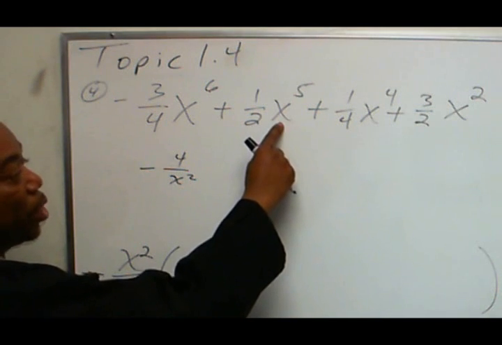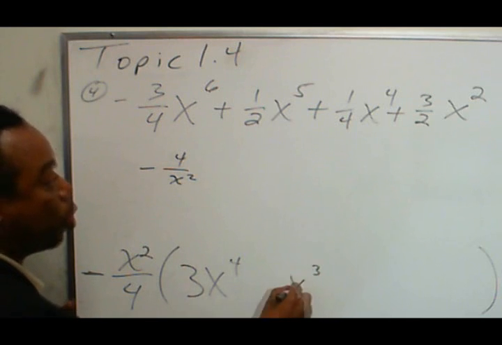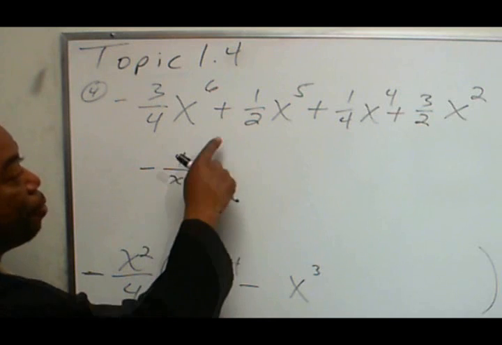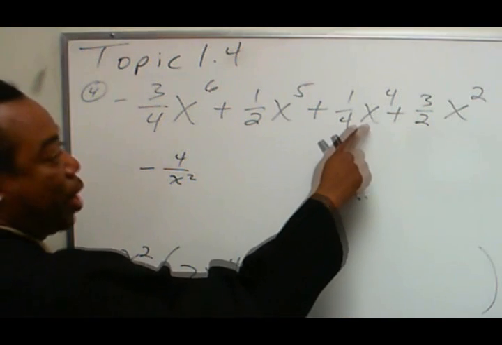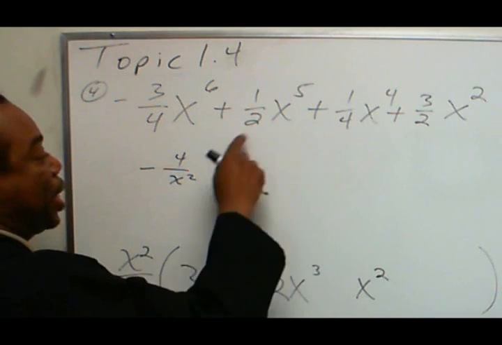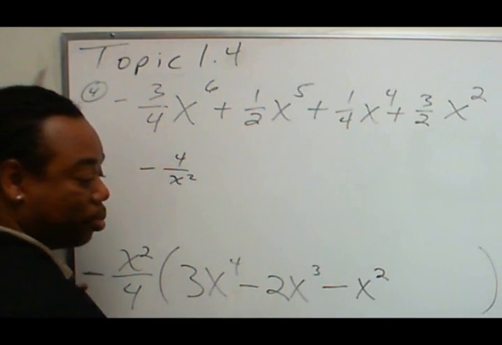Okay, dividing this by x squared gives us, let's see, x to the 3rd power. A positive divided by negative means it used to be negative. And 4 times the 1/2 gives us 2. Next, dividing this by x squared gives us x squared. And multiplying it by a negative and a 4 gives me negative 4 over 4, which is negative 1.